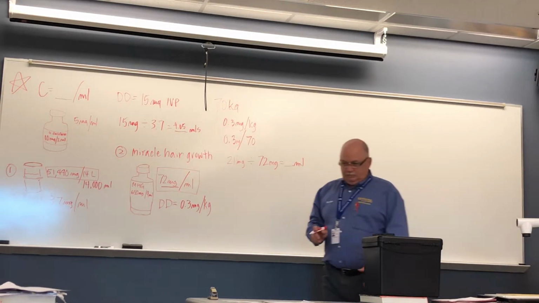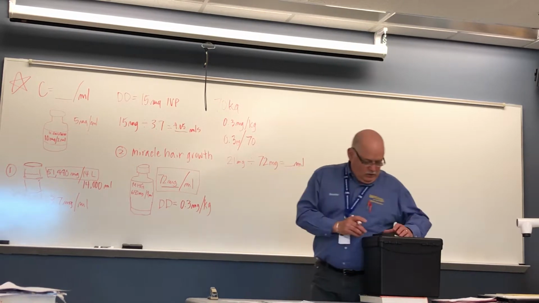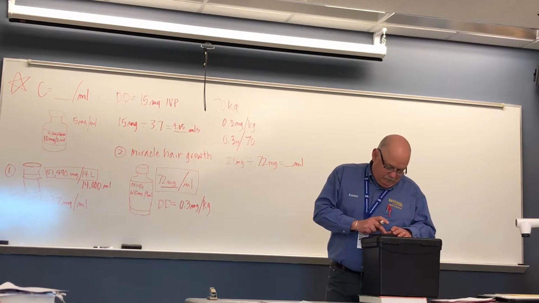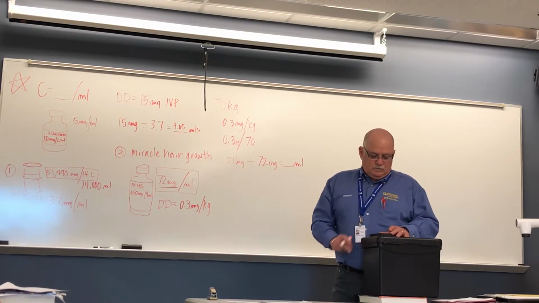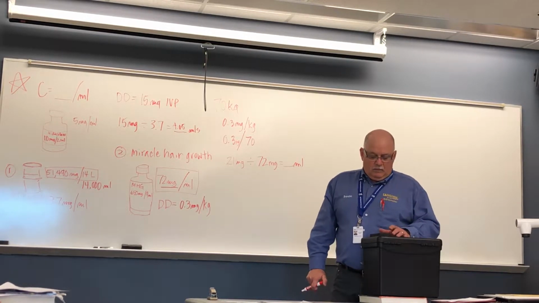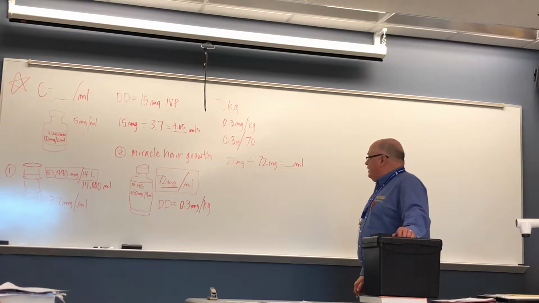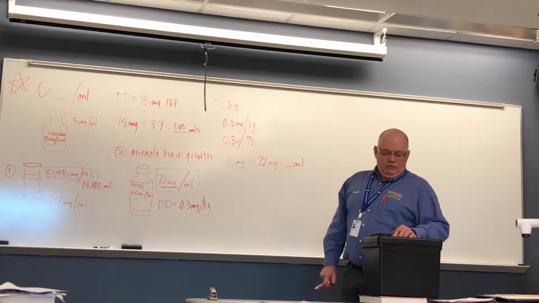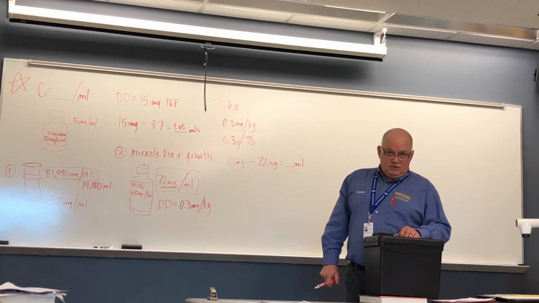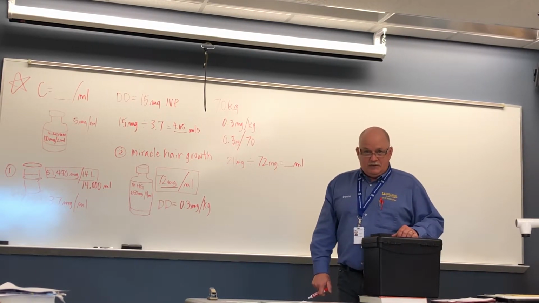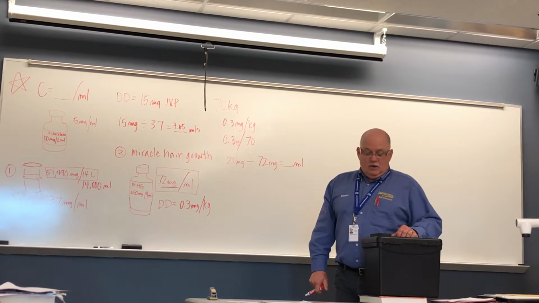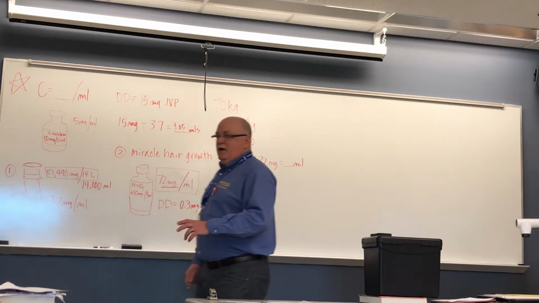Everybody got that? So 21 divided by 72 equals what? 0.29. What can we round that to? 0.3.